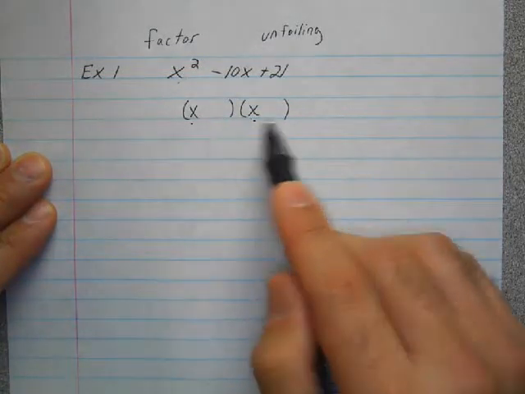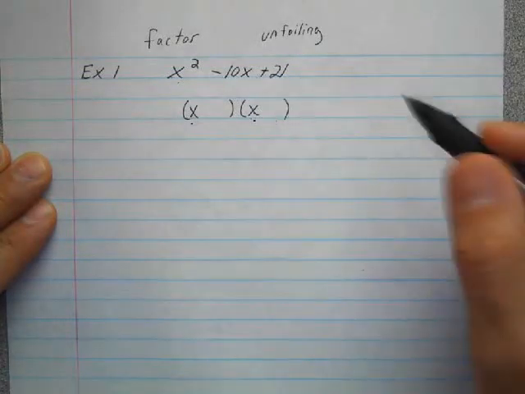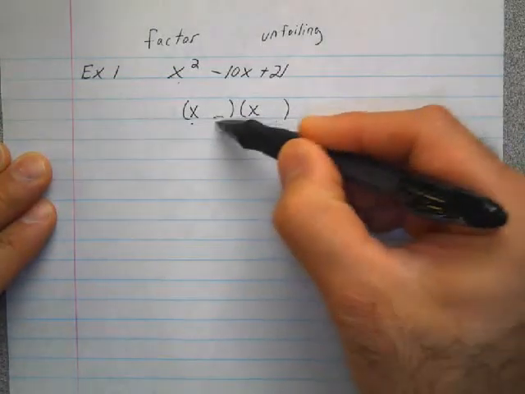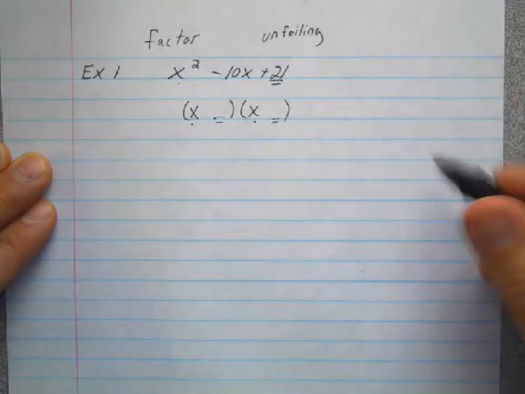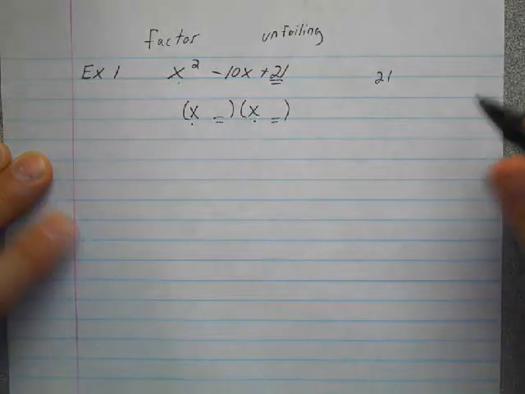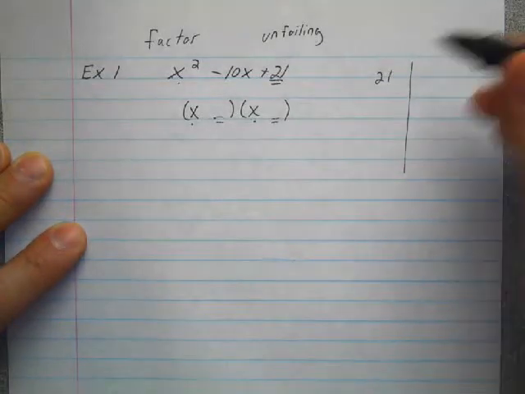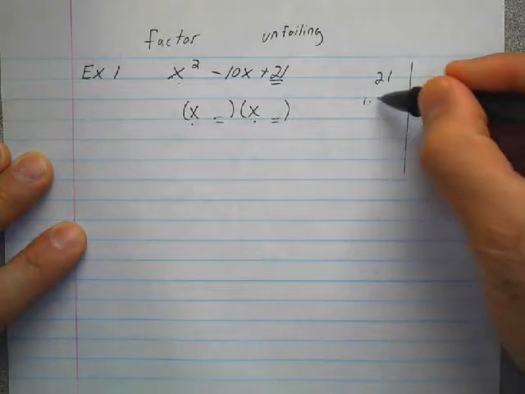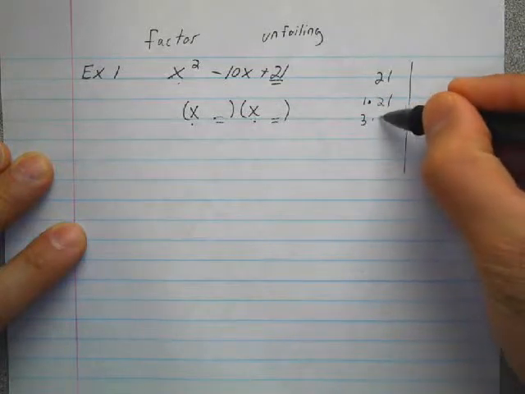The last 2 spots come from the last term. So I have to think to myself, what times what equals that last term, 21? I can make a little list over here on the side. Well, I can go 1 times 21. I could think 3 times 7.